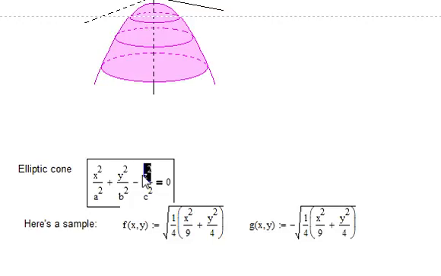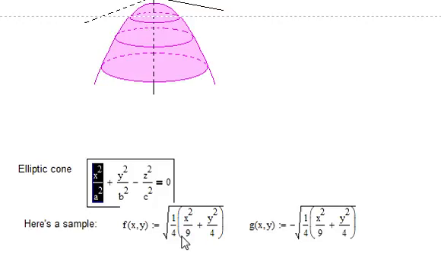And if you think about it, in the xy plane, this would be 0, so it would be an ellipse. And in the xz plane, a degenerate hyperbola, see, because it doesn't equal 1, it equals 0. And in the yz plane, again, that degenerate hyperbola.